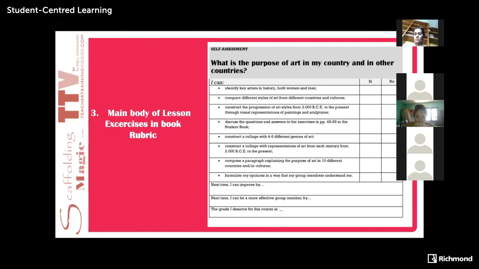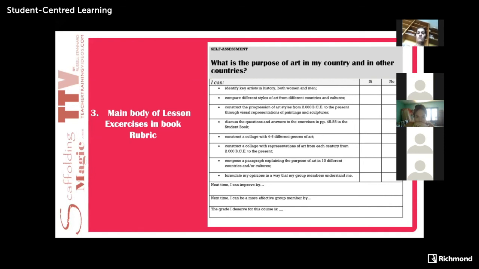Because at the end, if you see on the bottom of this self-assessment rubric, it says, next time I can improve by. It's very important they take responsibility for admitting what they did well or what they could improve next time. Next time I can be a more effective group member by, and I'm going to show you how they really do fill these out honestly. You may not believe it, but they do.